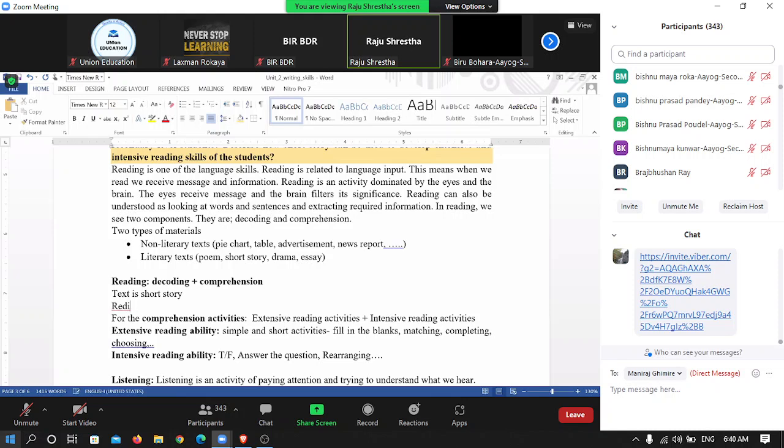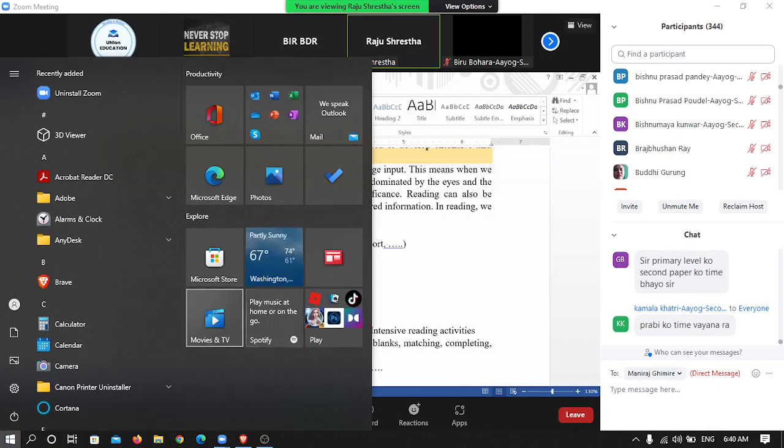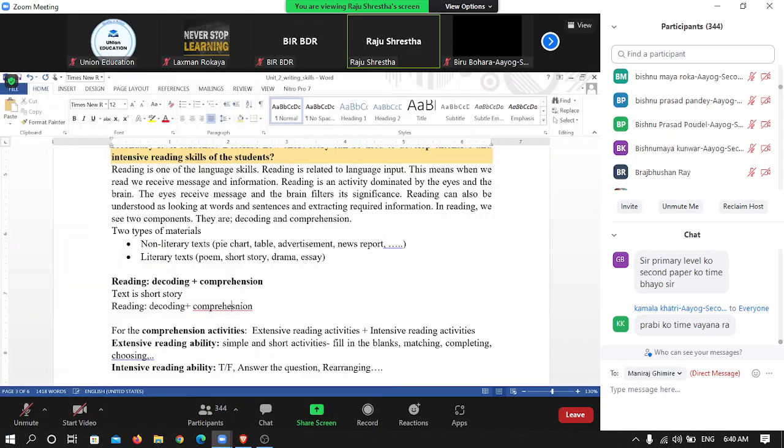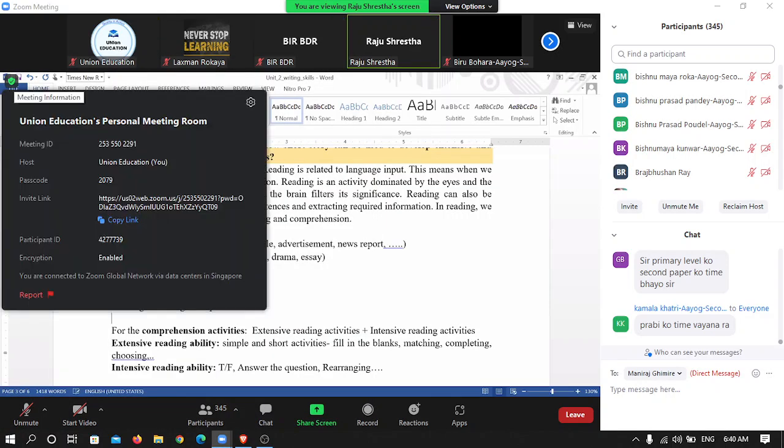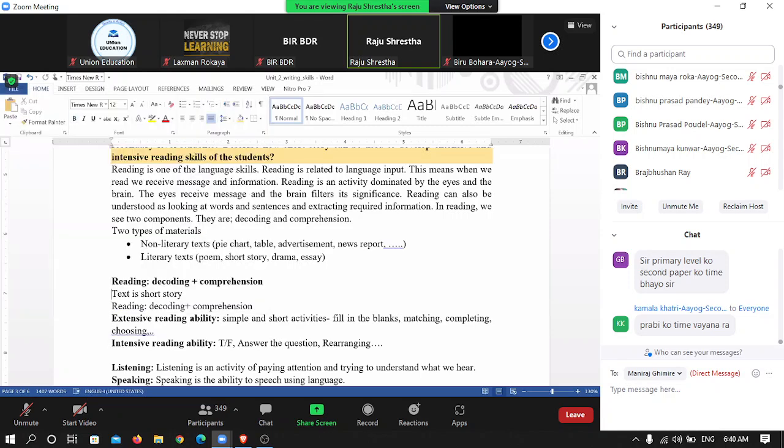Reading means decoding plus comprehension, and put this in extensive, this in intensive. This much you should keep in mind.